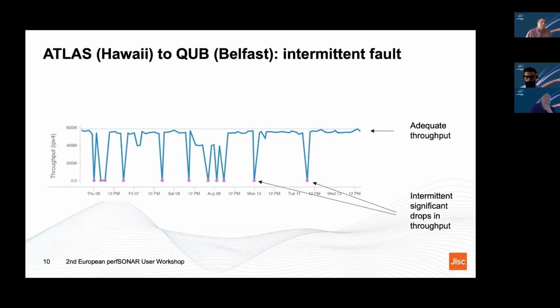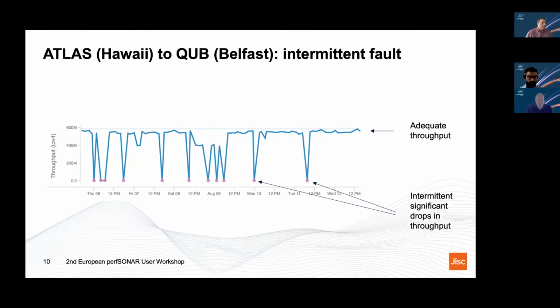So this is what we saw when we investigated the perfSONAR trace after receiving an indication there was a problem. So this is the throughput between Hawaii and Belfast. And you can see that the average there is an adequate throughput of about just under 600 megabits a second.